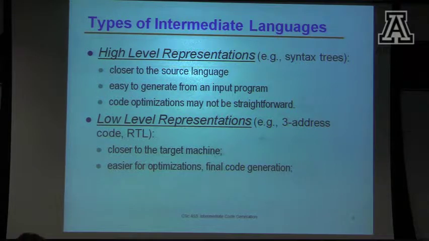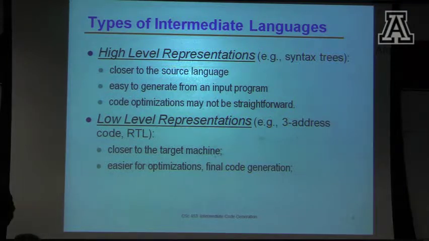So, different kinds of intermediate languages. We have high-level and low-level representations. High-level representations, as the name would suggest, are closer to the source language, and so they tend to be more machine independent. Because they're closer to the source language, it's easier to generate code for them. It's easier to go from your token sequence or the YACC parsing rules to a high-level representation such as a syntax tree.